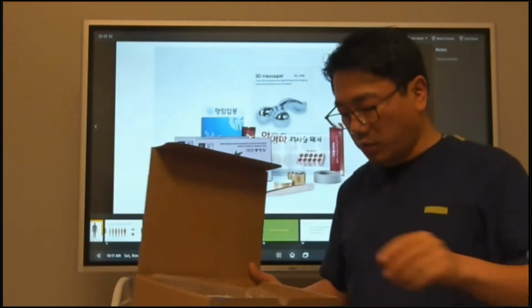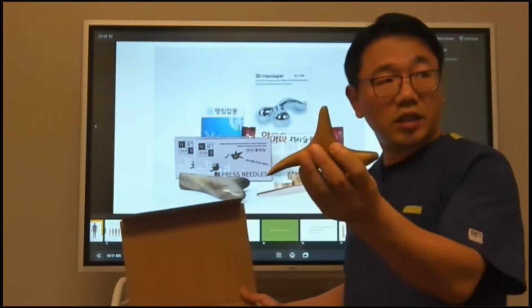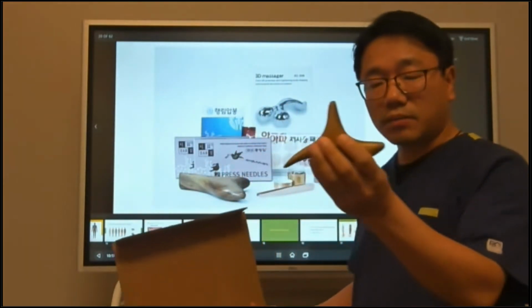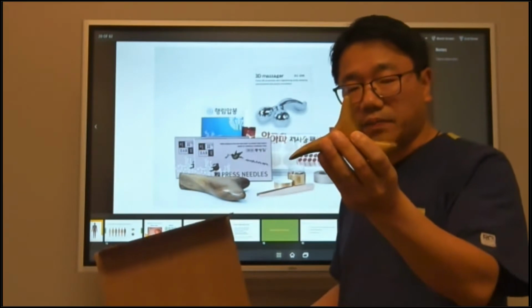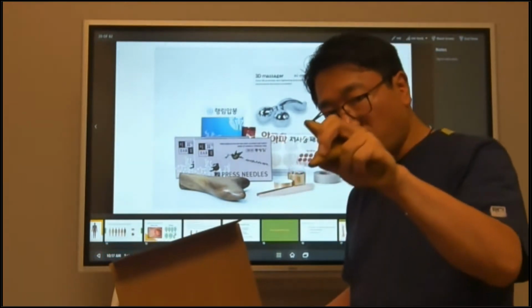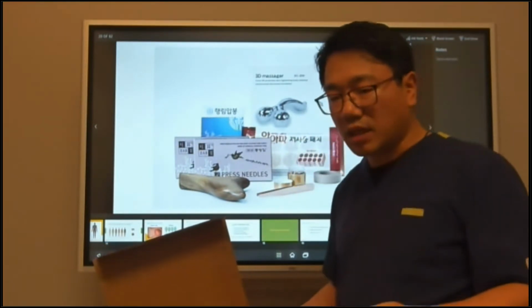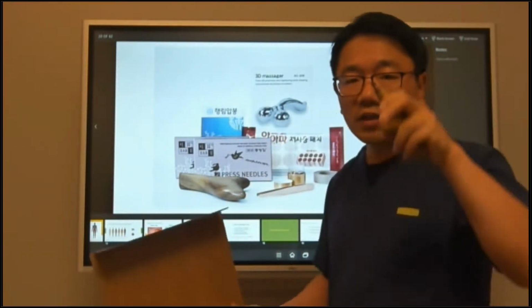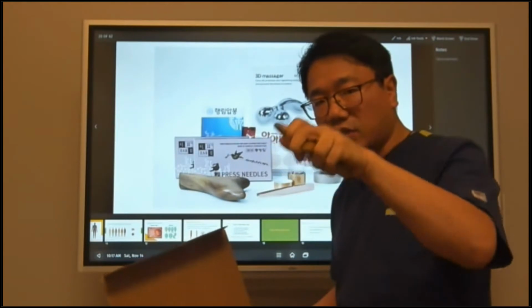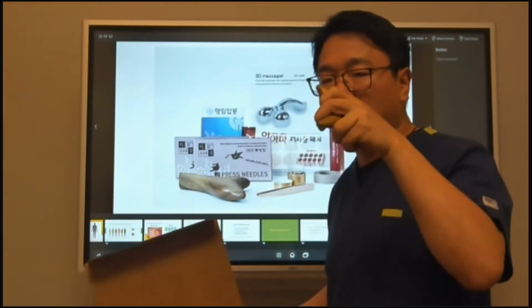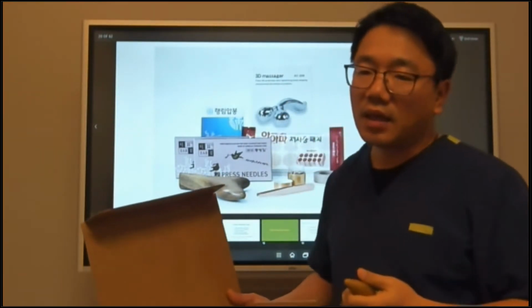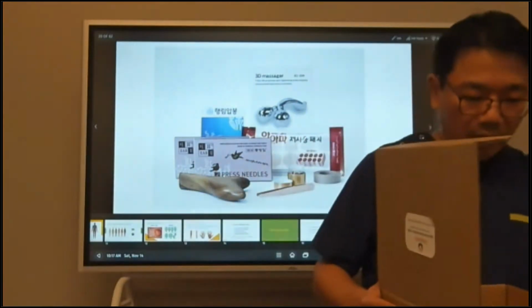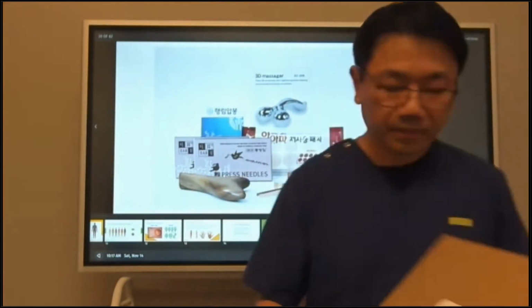I call it the O pressure. And there's a T pressure to find the exact tender point. Sometimes people don't have good strength in their fingers, so I use this one to find it. You can use this one to find the exact tender point.